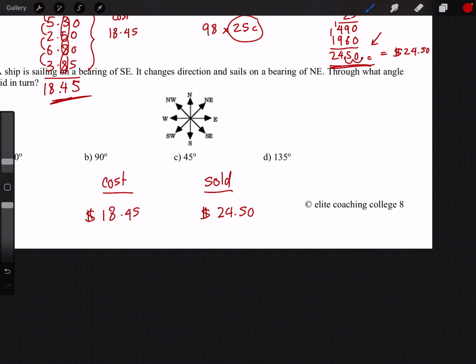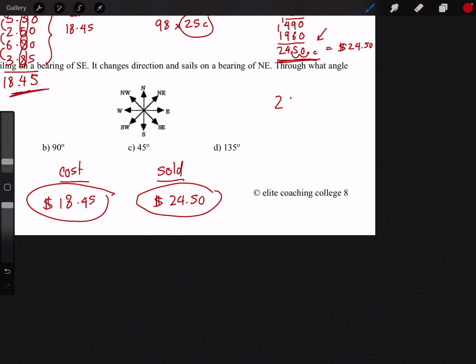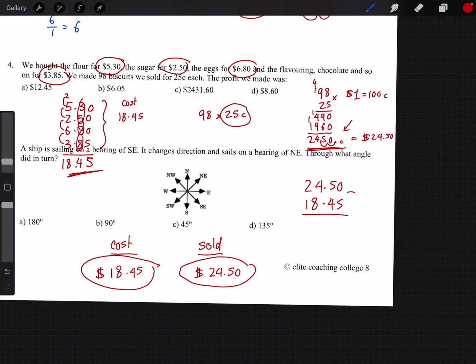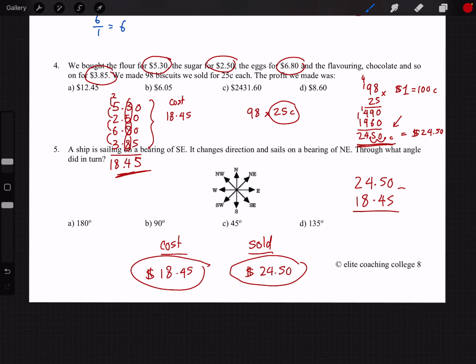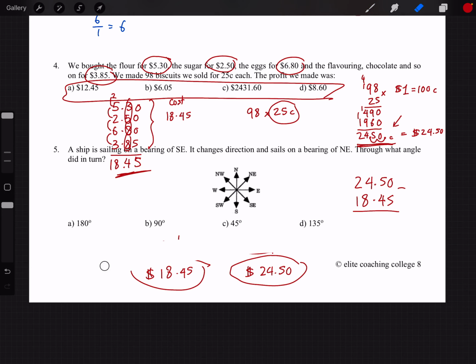Now to find the profit, you must take the amount sold, subtract the amount that it cost you. So you take $24.50, subtract $18.45. Now you can work it out yourself and get the answer. It's got to be one of the multiple choice there. All right, I'm going to move on. Let you do that yourself.